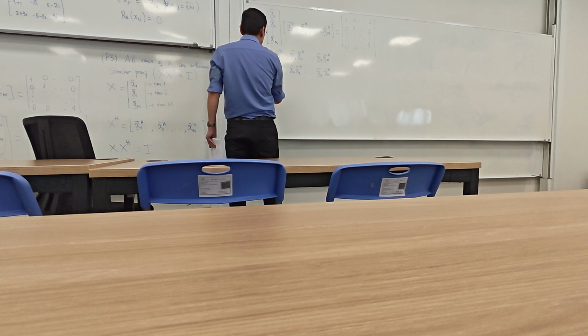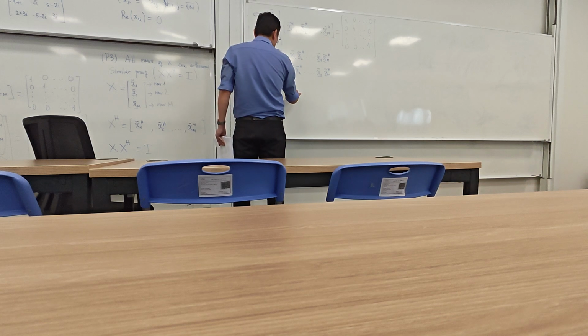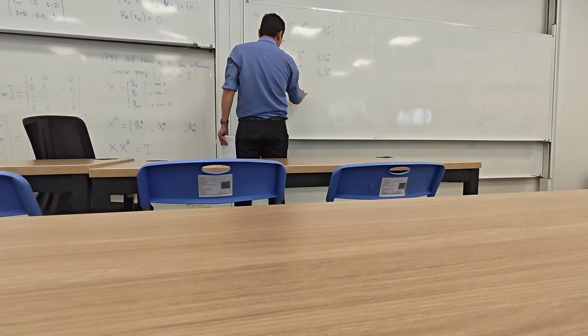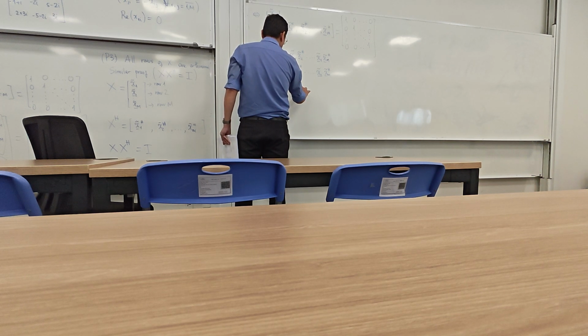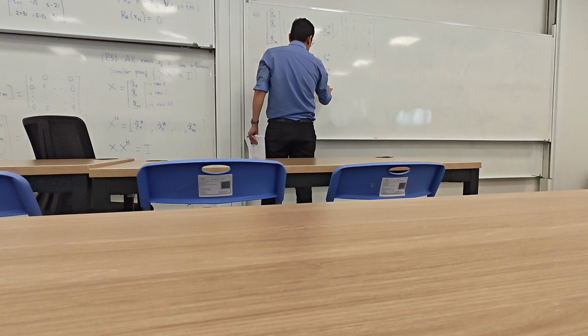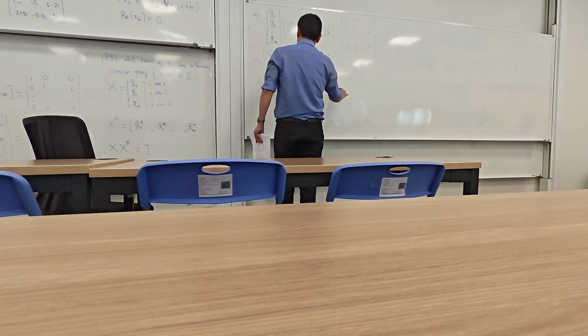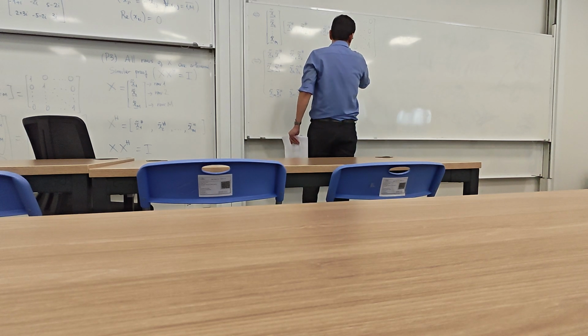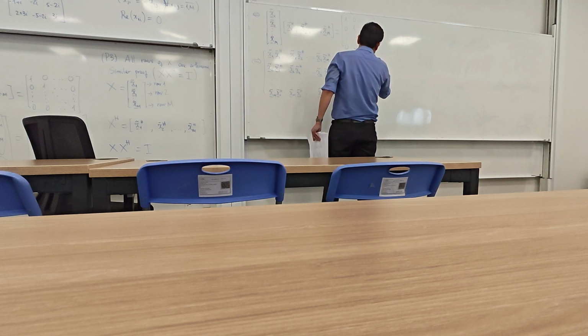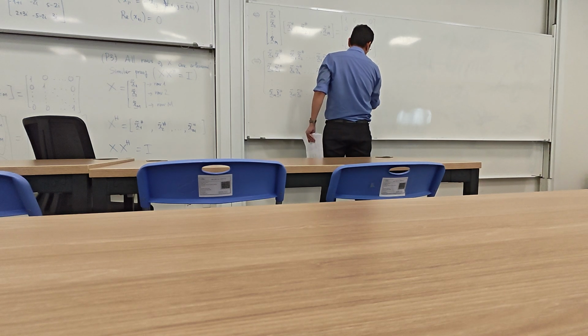Go down, I have xn, x1, addition. xm, x2, so on, xm, xn, addition. And this matrix equal to 1, 1, so on, 1, 0, 0, 0, 0, 0, 0, here.